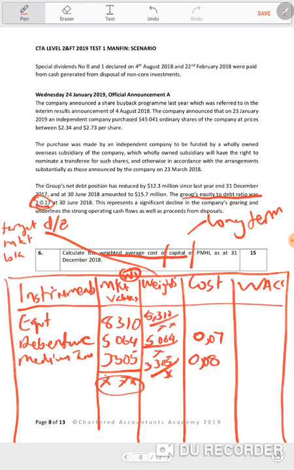But if we match this to our scenario, we are to calculate the weighted average cost of capital as at 31 December 2018, and this debt to equity ratio is at 30 June 2018. So what are we supposed to do? We're supposed to use the debt to equity ratio as at 31 December 2018.